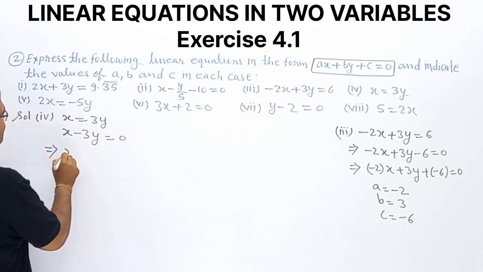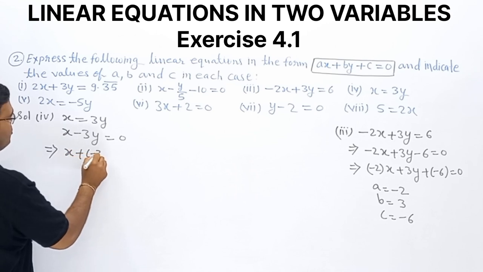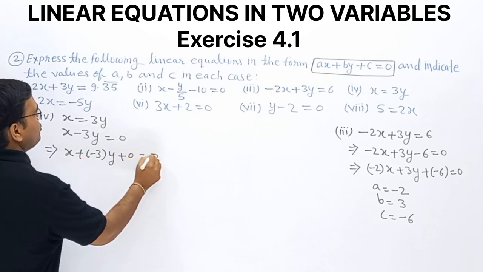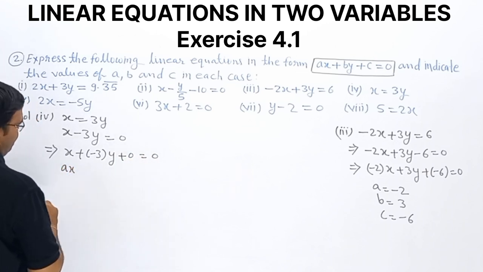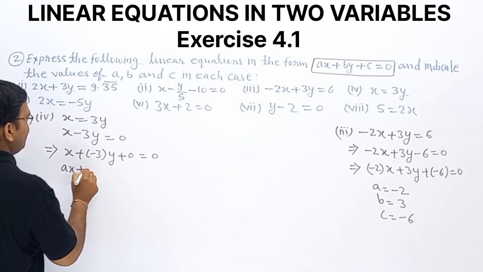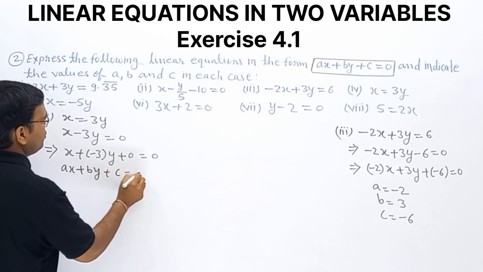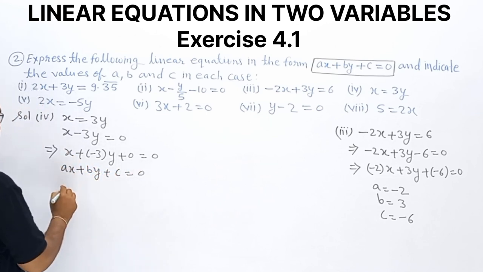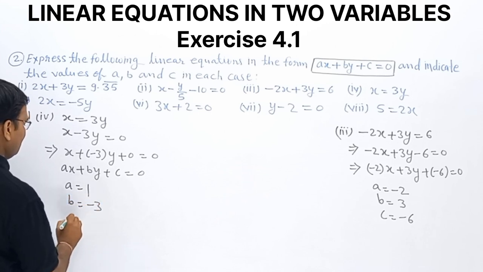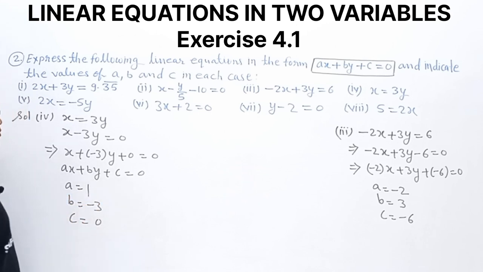We can also write x plus minus 3y plus 0 equal to 0. Compare with the general form of a linear equation in two variables, ax plus by plus c equal to 0. So comparing, a equal to 1, b equal to minus 3, and c equal to 0. So we obtained the ABC values for this linear equation.